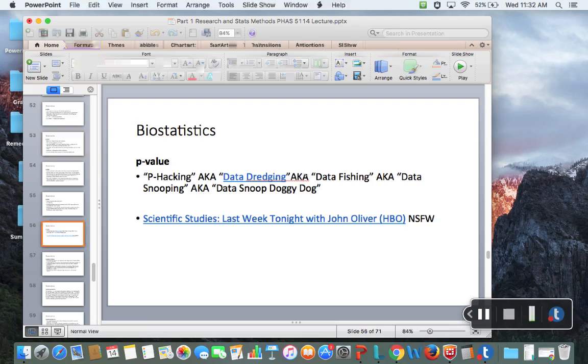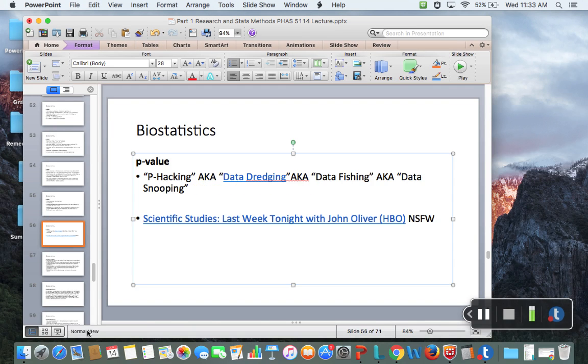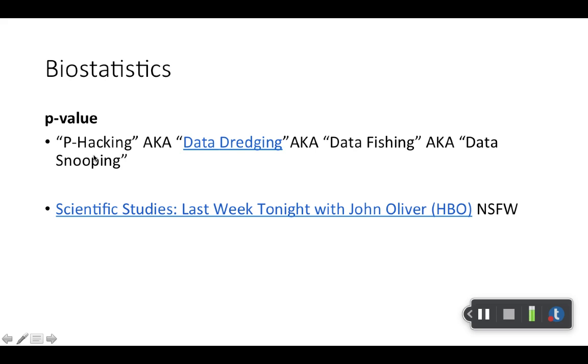Okay, the rest of those are true. You'll hear p-hack. I have heard p-hacking, p-value, data phishing, data dredging. But it's basically, and I think this video does a good job, and it's funny, it does a good job of explaining it.